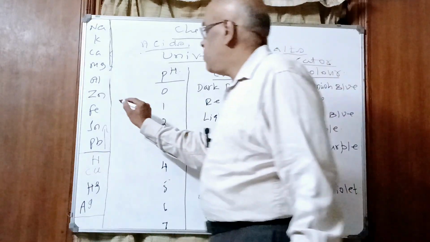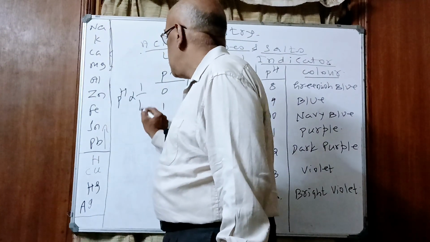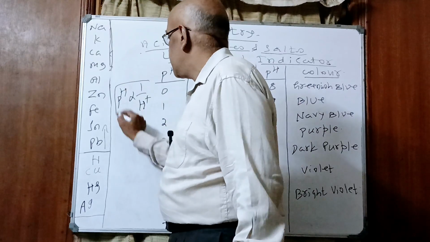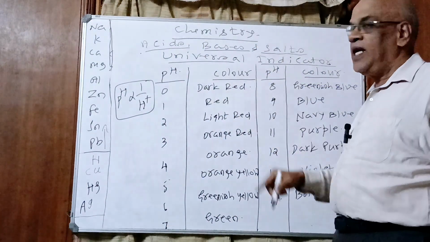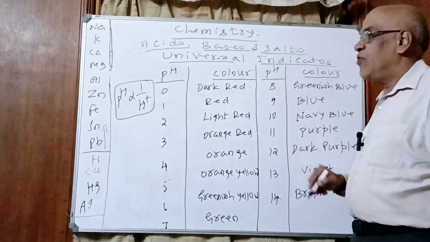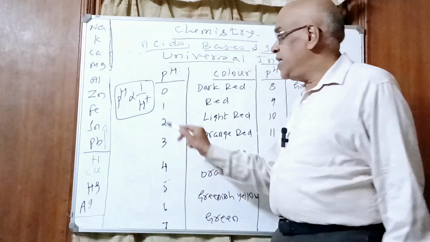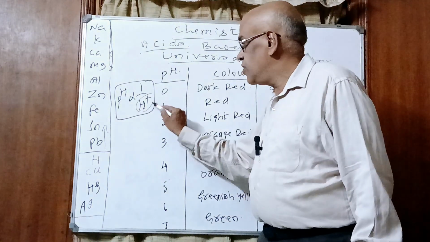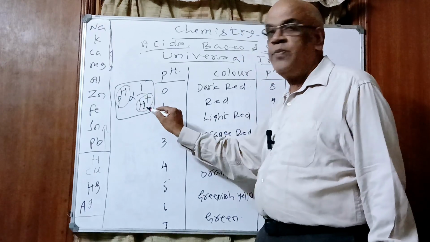What did we study in the previous topic, children? pH is inversely proportional to hydrogen ion concentration. So, when we add universal indicator to a chemical, be it an acid or base, it shows a change in color. The universal indicator shows different colors for different concentrations of hydrogen ions. It shows different colors and different pH, and pH depends upon what?